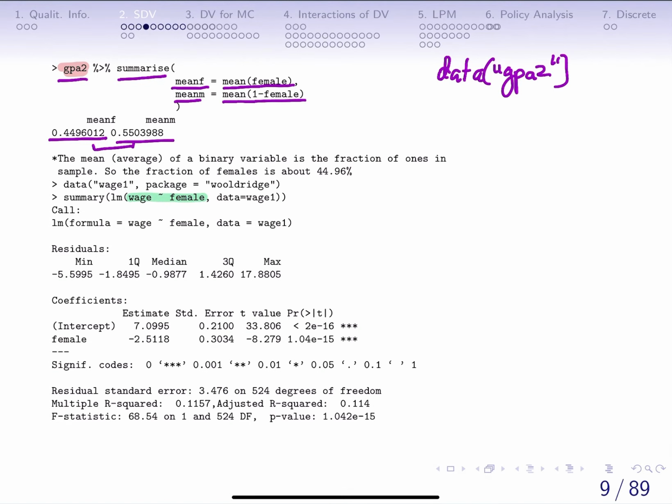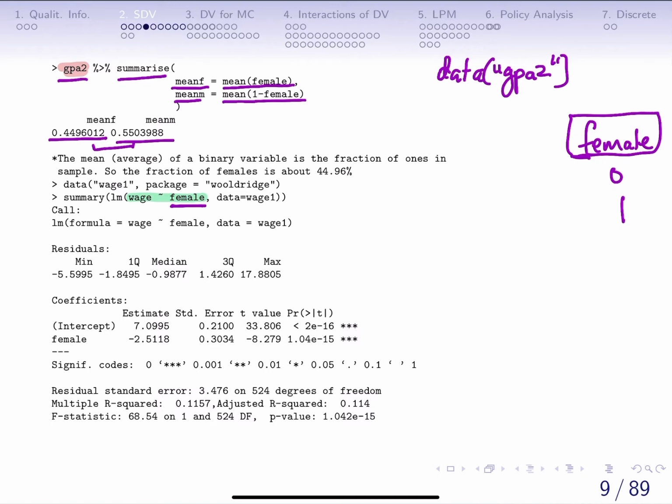So remember, if female only takes two values, 0 and 1, you only need to incorporate one independent variable in your regression, so that we don't fall into the dummy variable trap.